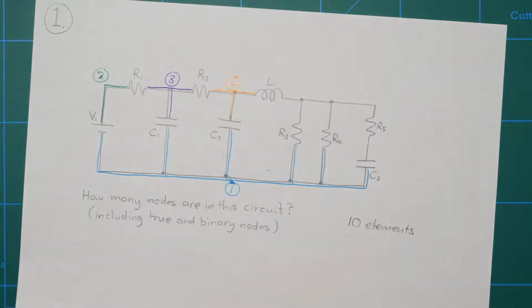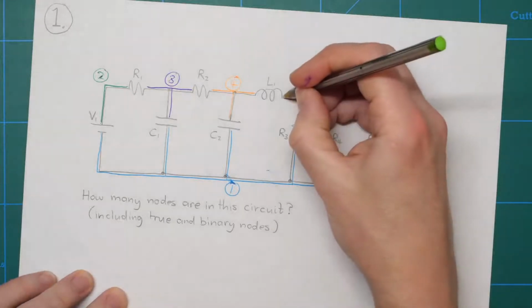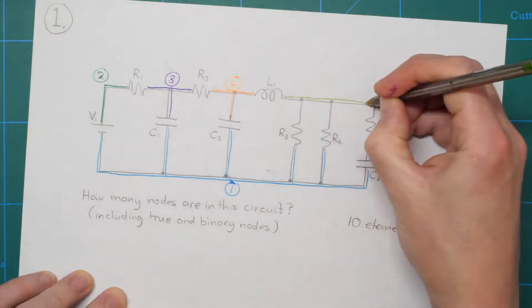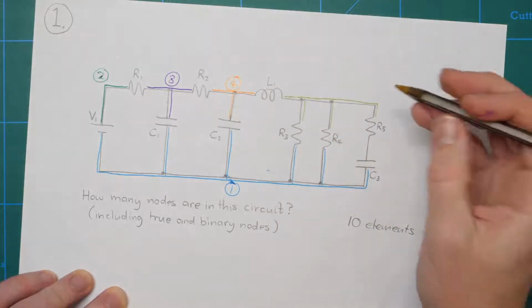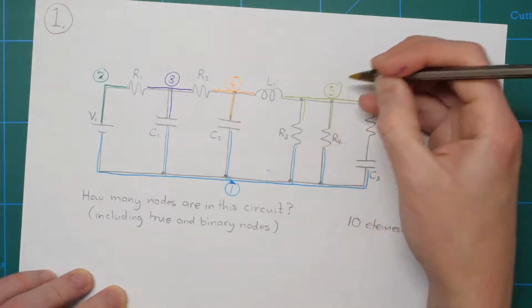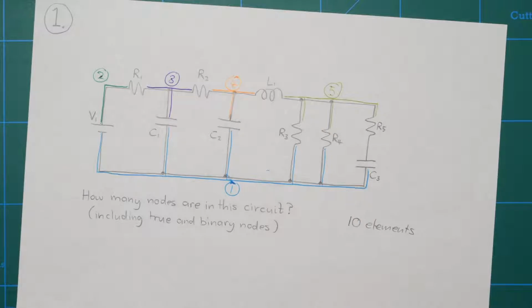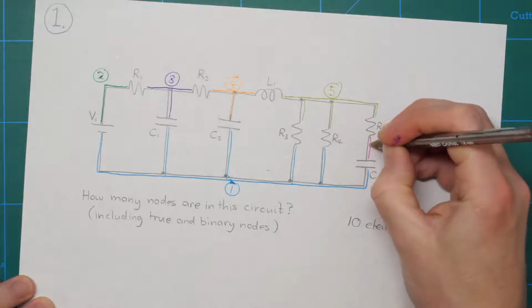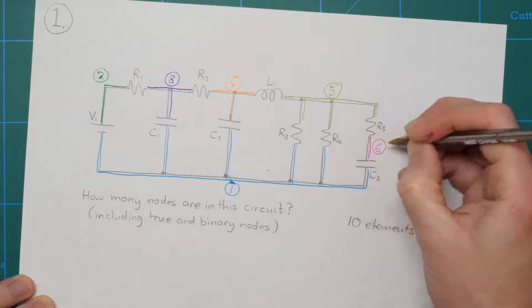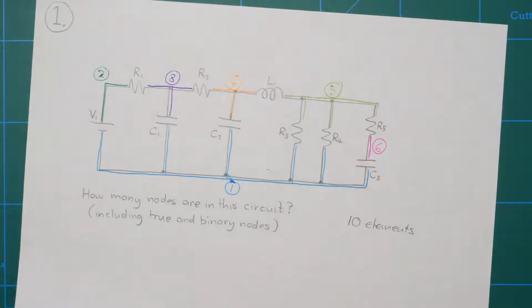And finally, no, not quite finally, sorry, there's 2 more. So here's 1, that's a true node. And so I'm going to call that 5. And finally, this one here, which is another binary node, so call that 6. So altogether there are 6 nodes in this circuit.